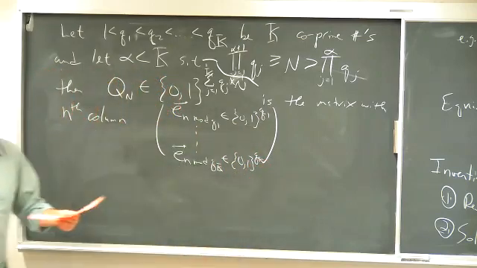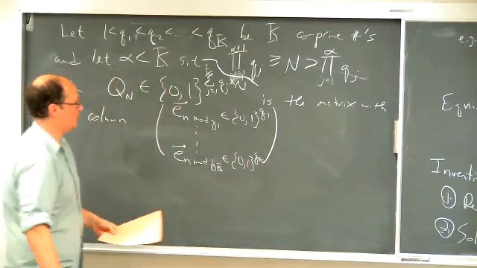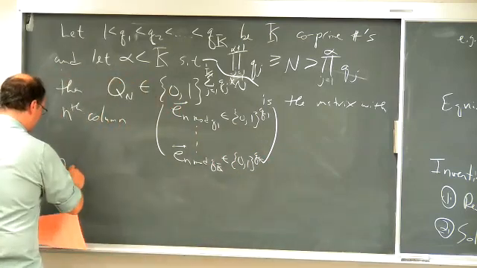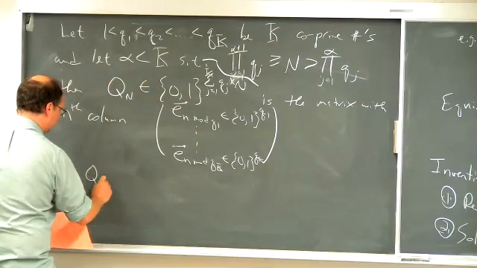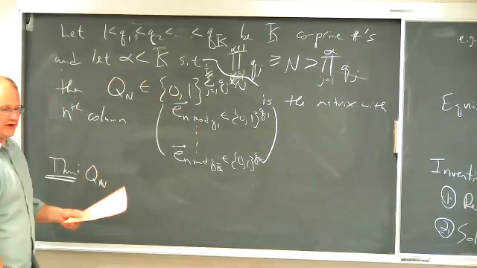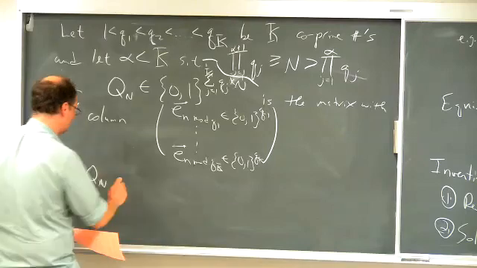Okay, again, fast for the same reasons as before. And then the claim is that Qn is going to be K alpha coherent if we build it this way.